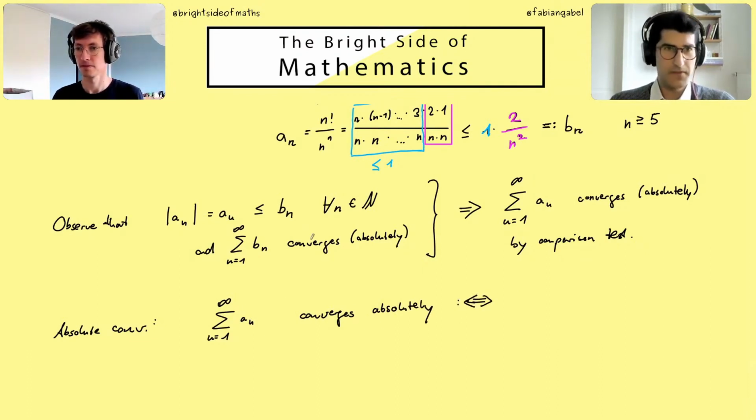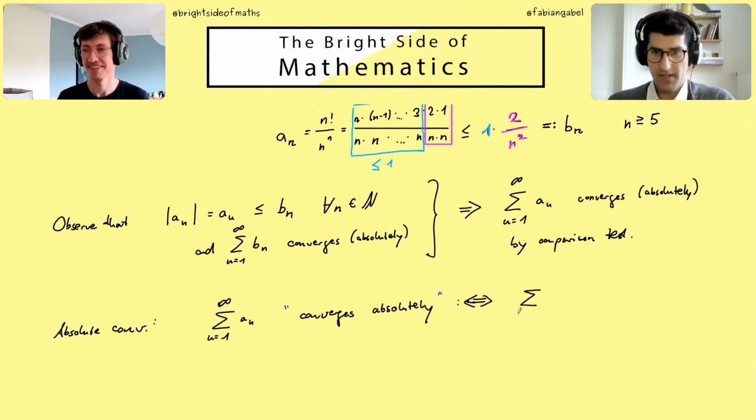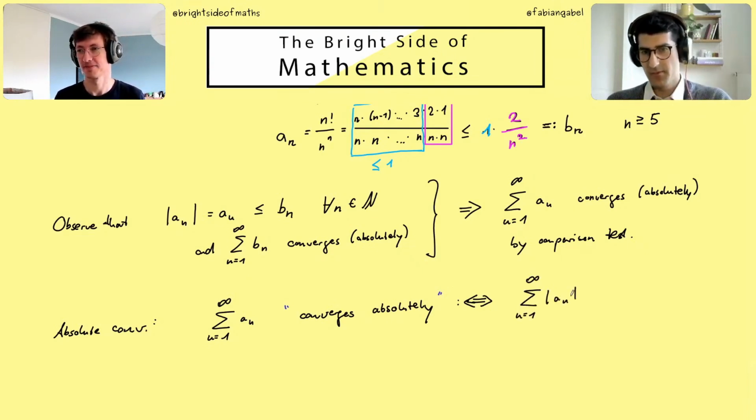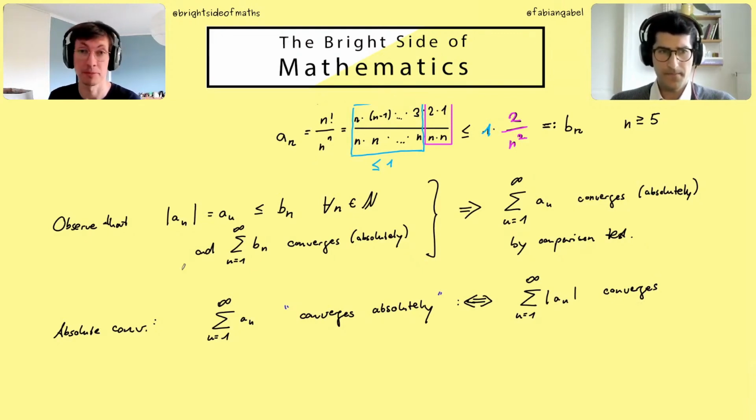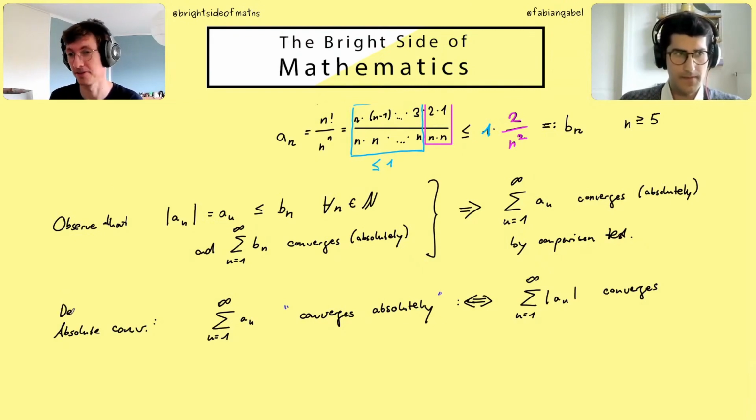So this term is defined if another series, which looks very similar but has an absolute value around each sequence member, converges. If you ignore the signs, negative or positive, and just add them up with absolute values, you see it's a stronger requirement.